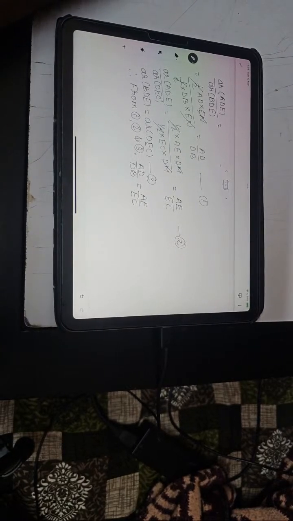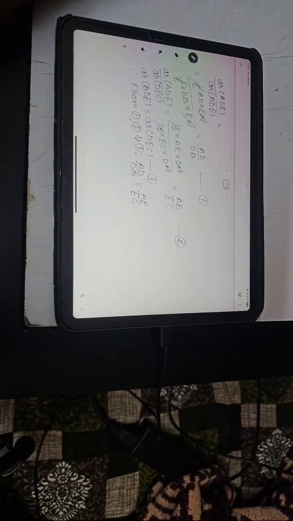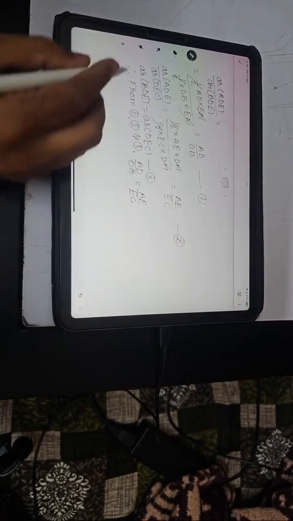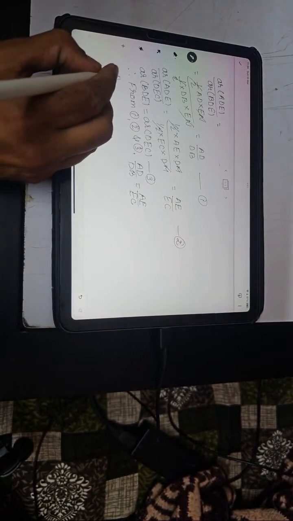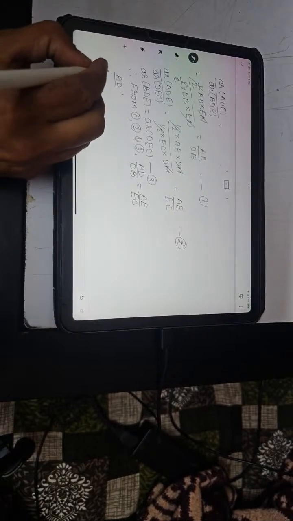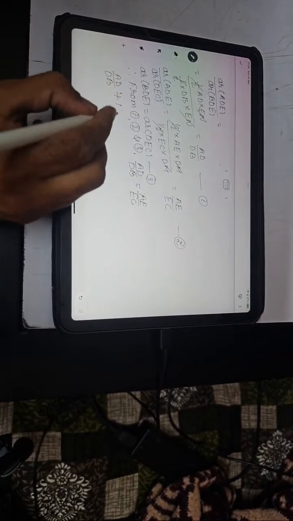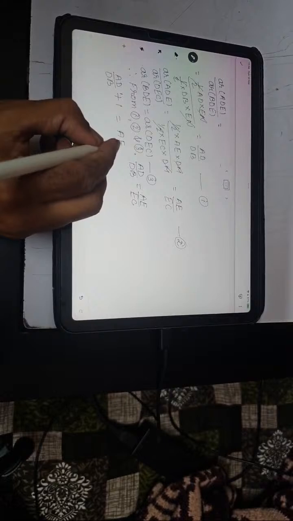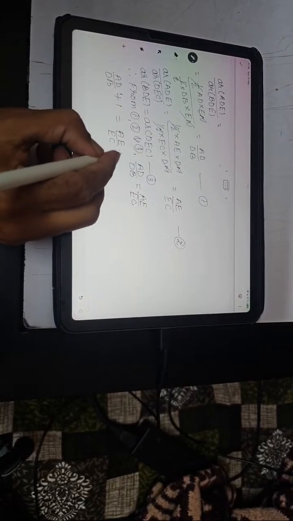Now see, if I add 1 on both sides, can I write AD upon DB plus 1 equals AE upon EC plus 1.